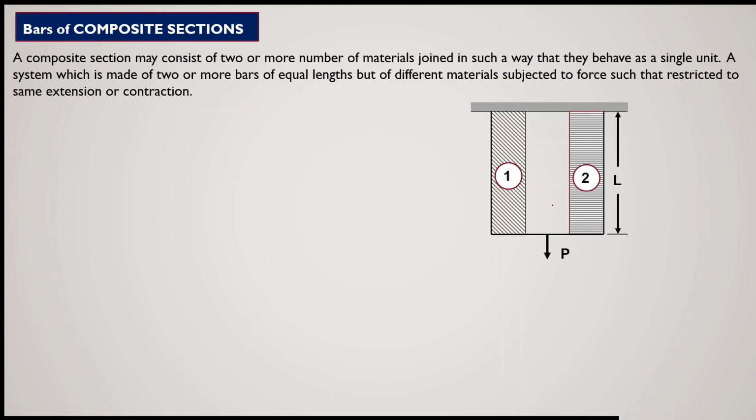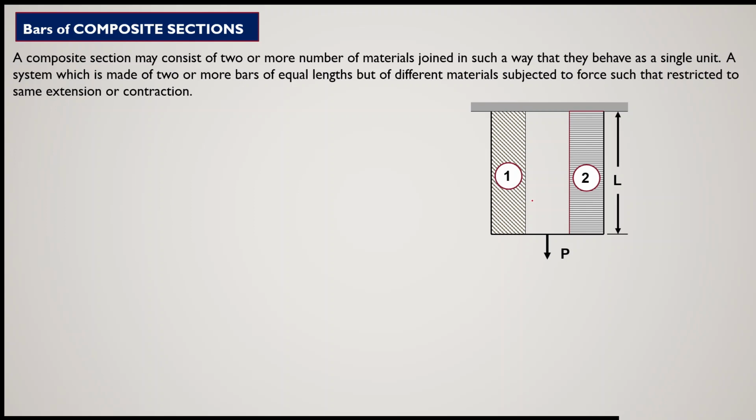Because if there is uneven extension, no doubt the materials have different properties, and when a load is applied, they will try to behave differently. But since we have restricted that they have to act as a composite section, whatever the extension in 1, the same extension will be in 2.